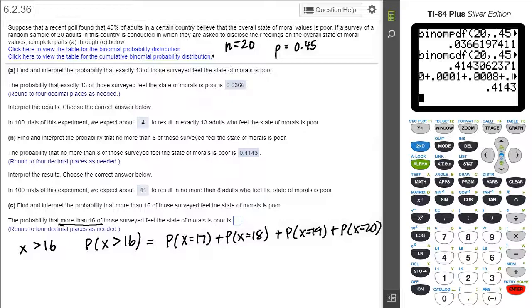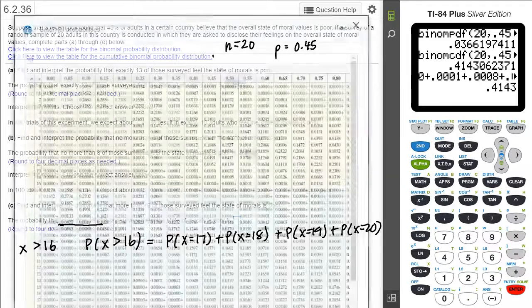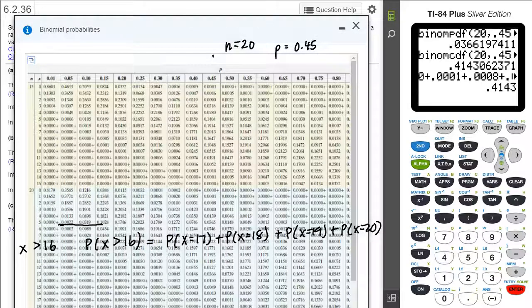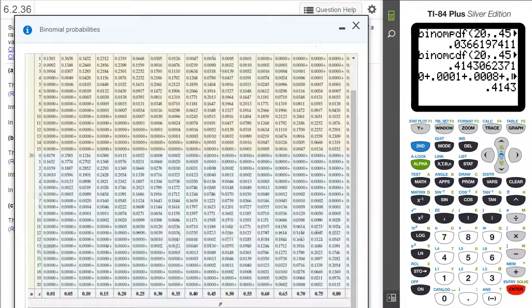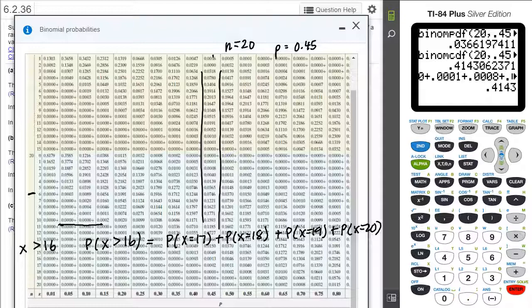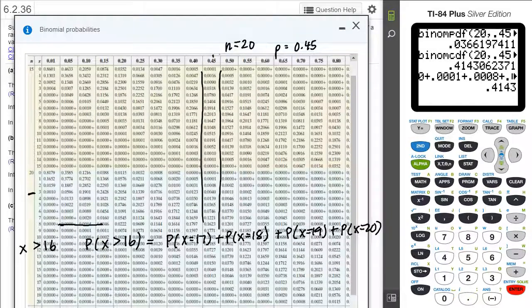From the binomial probability distribution table right here, you find where x is 20. We talked already about being in this column. And then we want the cases that we care about. So if we scroll down a little bit, I want from 16 to 20. There we go.